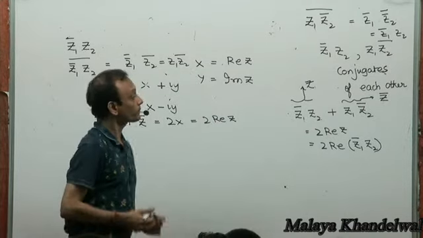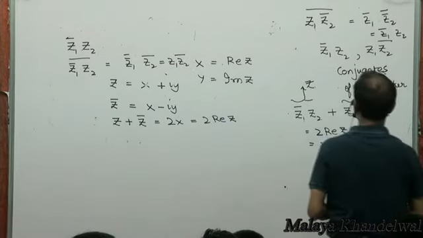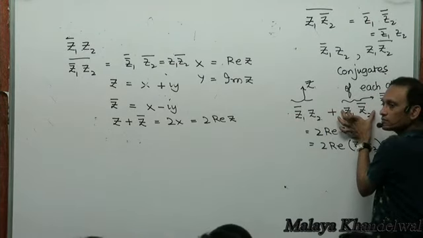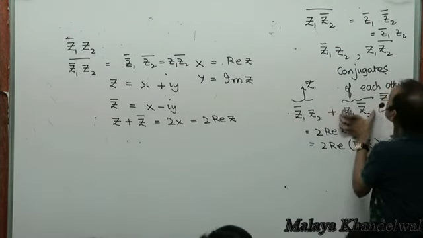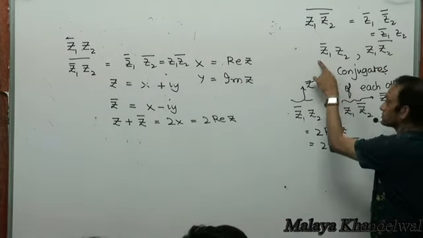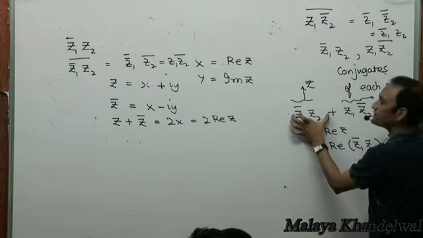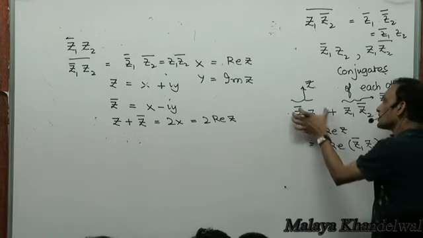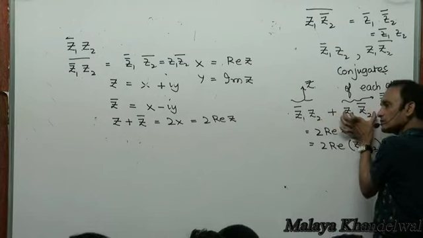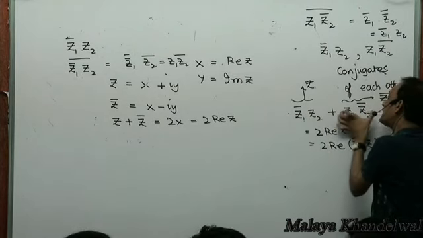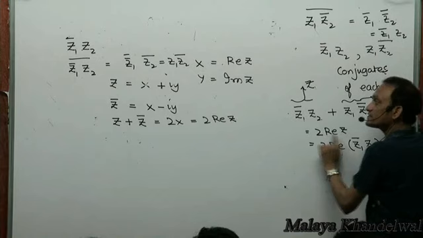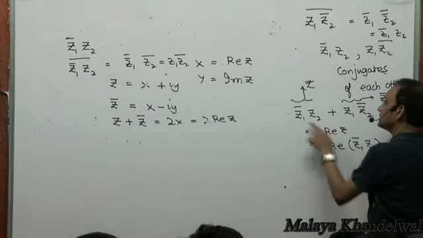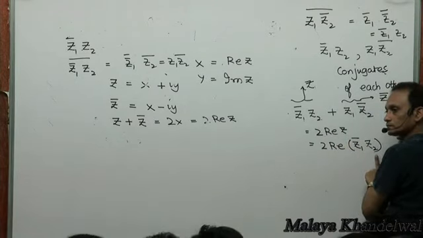Suppose this is Z, will this not be Z bar? Because this is the conjugate of this. They are conjugates of each other. Did you understand that? So if this is Z, this will be Z bar, and Z plus Z bar is twice real Z, right? Z is Z1 bar Z2.